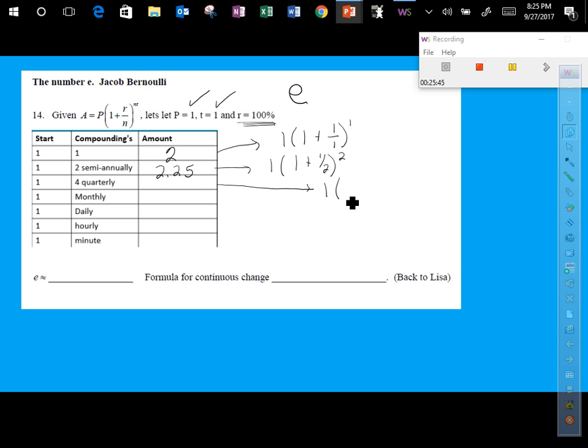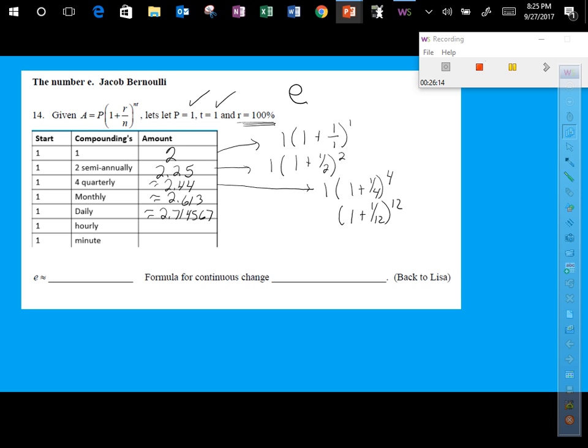It's going to look like 1 times (1 plus 1/4) to the 4th. Kind of see the pattern here? That's going to be about 2.44. And then, guys, he's doing all this by hand. His next one was (1 plus 1 over 12) to the 12th, and that came out to 2.613. He did daily and got about 2.714567, and then he went hourly, minute, so a lot of hand time.